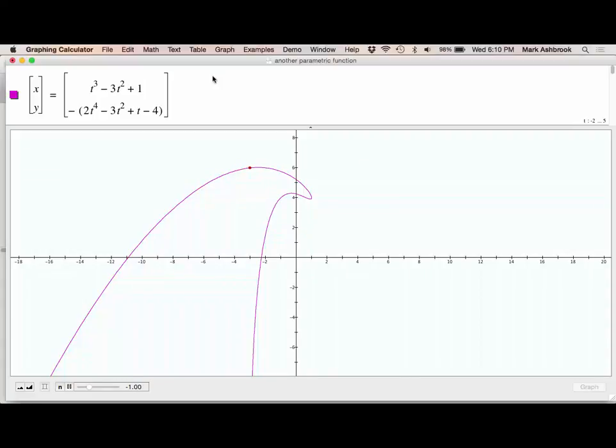This is showing the direction of the curve. So I'm showing t values from negative something to positive something, right? So the value of t is down there in that slider, and then it's showing all the corresponding points for all these values of t.